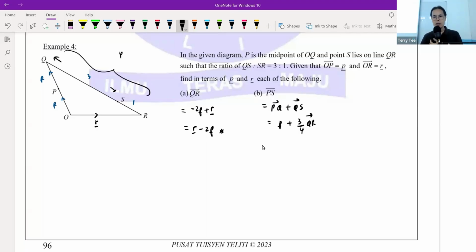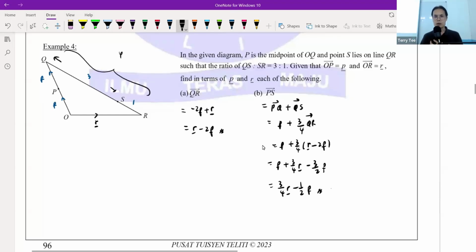We already know QR, so I'm going to sub inside. My QR is R minus 2P. Let us expand the bracket. 3/4R minus 3/2P. We can write R in front, P at the back. 3/4R, 1/2P.